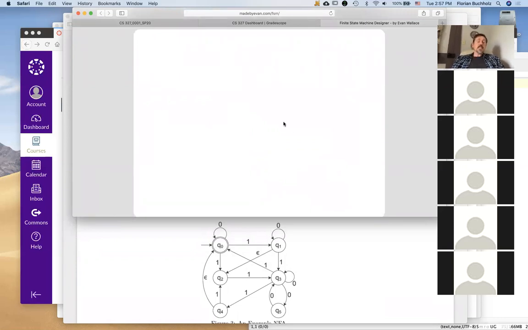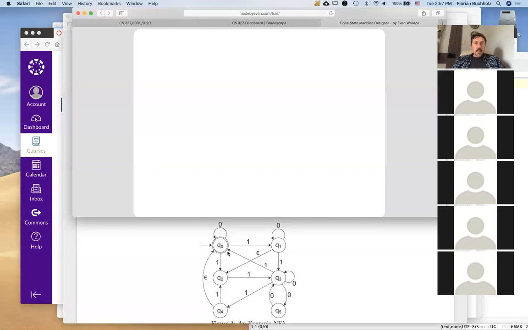What's our start state going to be? Q0. So if you look at the NFA, then the start state is Q0 here. So then we need to look, are there any epsilon transitions out of here?